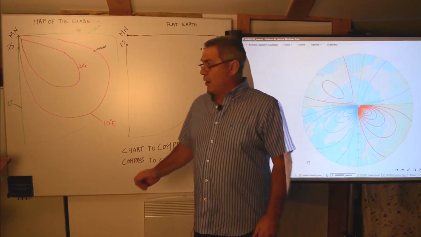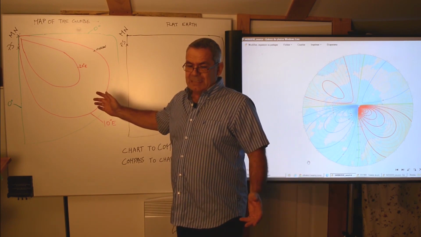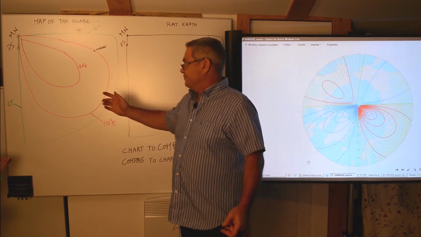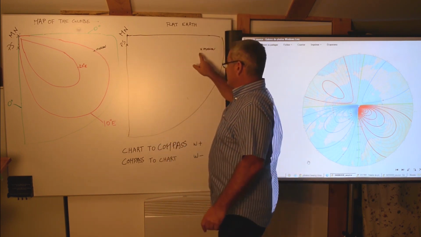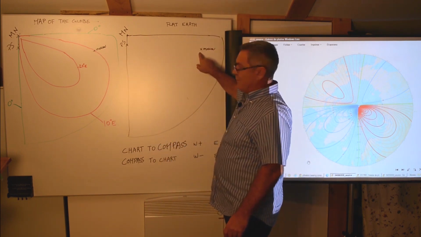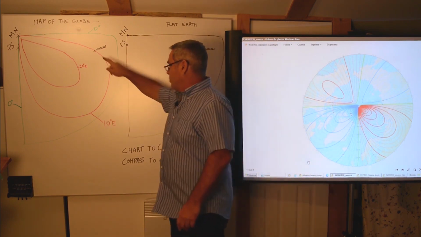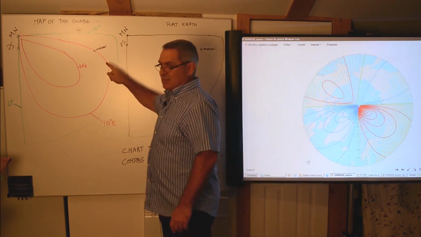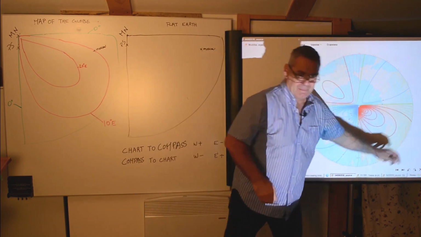But now, on the sphere map, when you are, let's say for example, in Moscow, here, and the same place for the moment on flat earth, Moscow, you have 10 degrees east, let's imagine that we are on this line here.